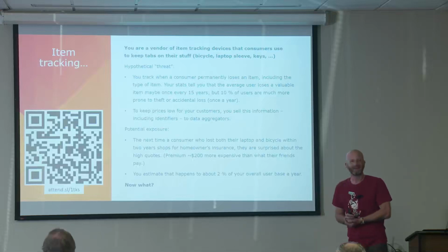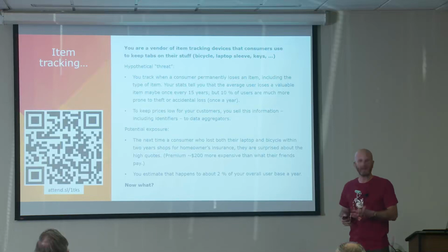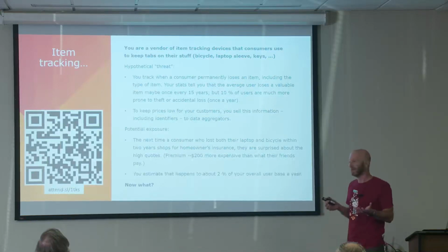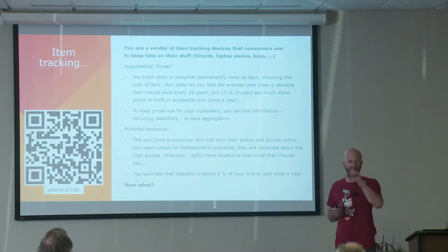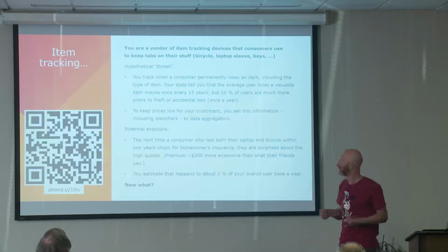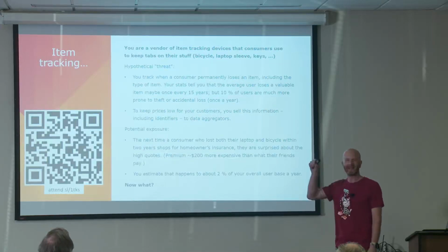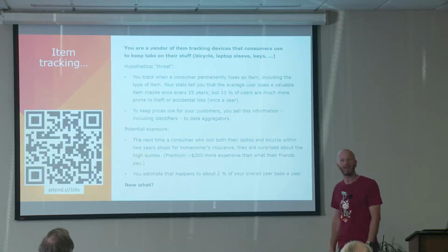So here is a hypothetical threat we want to look at. You track your consumers and where their stuff is, and they tell you in your platform what type of item it is, roughly, right? Is it a bicycle? Is it a car? Is it a laptop? And so you've got pretty good statistics about how frequently they lose these things, because every time they lose one of these, they flag it as lost in your platform.